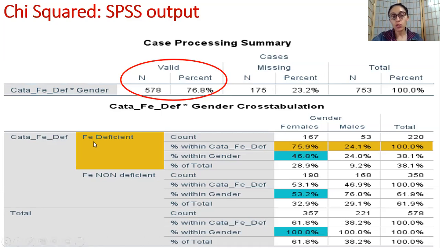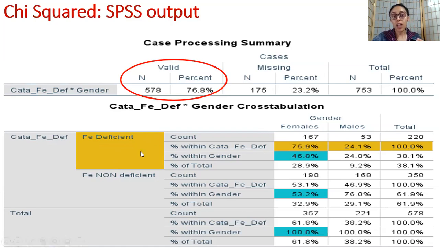So now guys, I want to show you what I report in my tables, because I have published this. What I had reported is, for males and females, how many are iron deficient. If they are non-deficient, it's good, I'm not interested. I'm interested in how many kids are iron deficient.